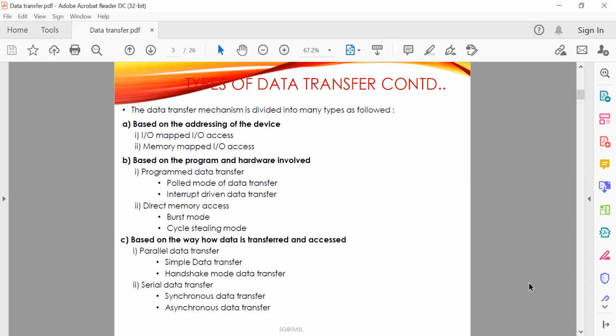Now, under normal circumstances, the CPU has full control of the address and the data bus in the system.